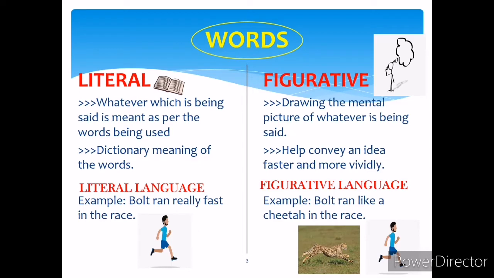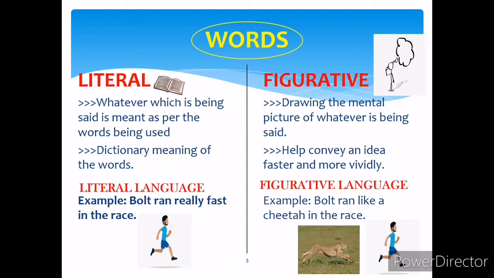Meaning to say, the meaning is directly stated, the dictionary meaning of the words. While figurative means drawing a mental picture of whatever is being said. So there's a hidden meaning behind, and it helps convey an idea faster and more vividly.